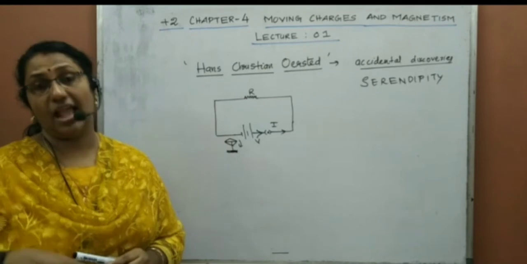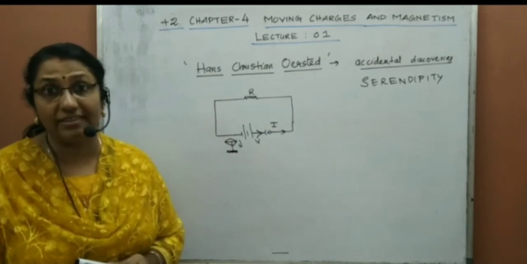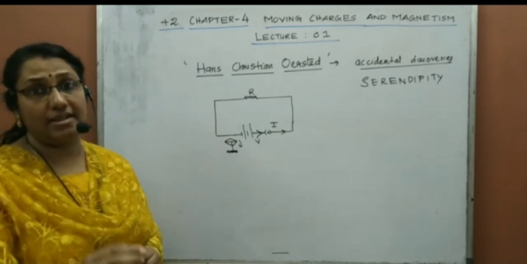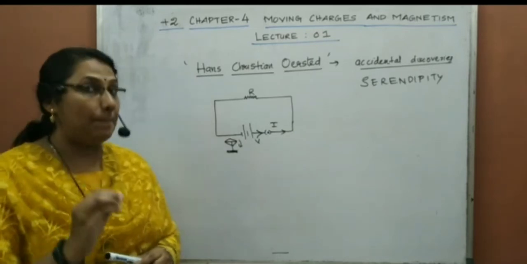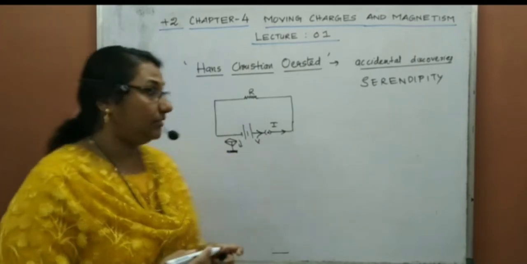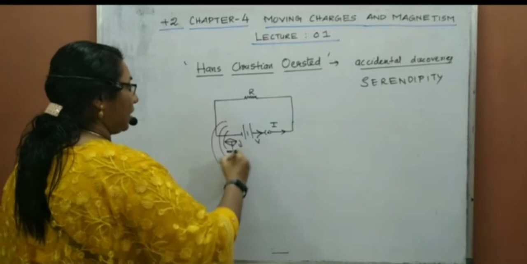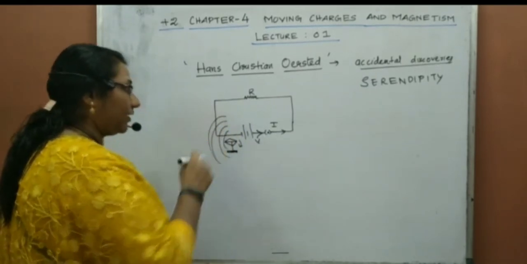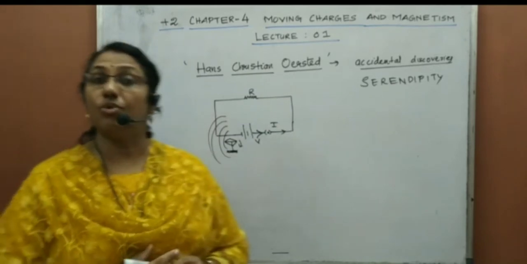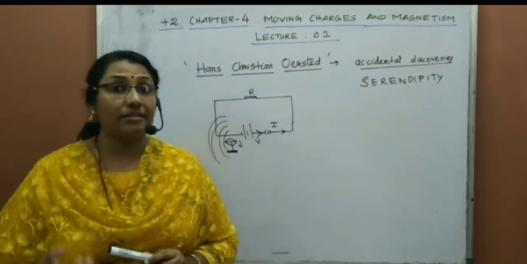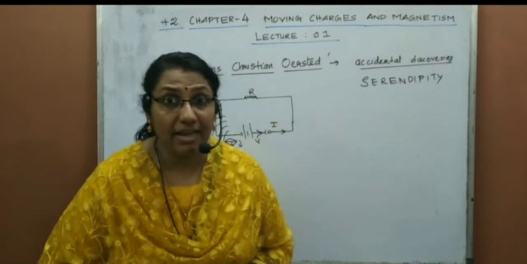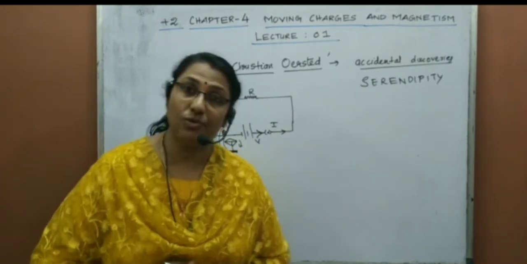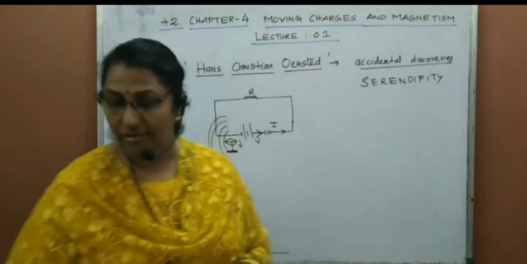He accidentally identified that a current carrying conductor produces a magnetic field surrounding it, which causes a deflection in the compass needle. So, who first identified the magnetic property provided by a current carrying conductor? It was Hans Christian Ørsted.